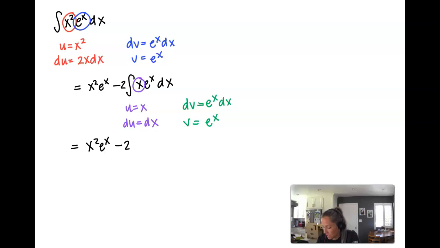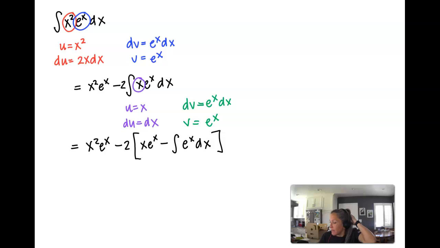Now here's the deal. Everything we just did is inside of this integral symbol that had -2 multiplied by it. So when I write out my new integration by parts formula, I'm going to use some big parentheses or brackets just to make sure that I'm distributing that -2 to everything that's happening in that integration by parts. So we end up with x e to the x, that's my uv, minus the integral of e to the x dx.